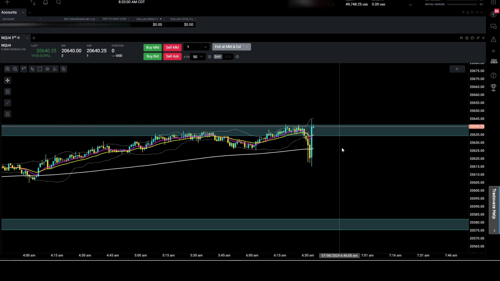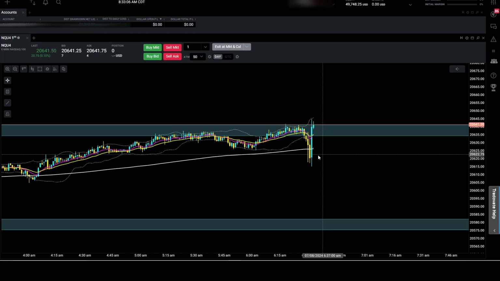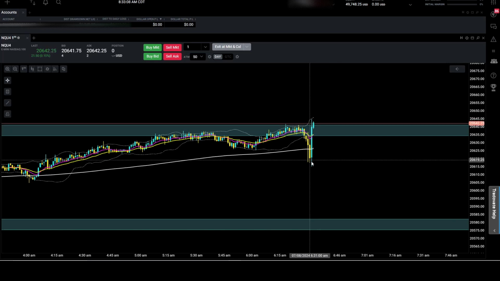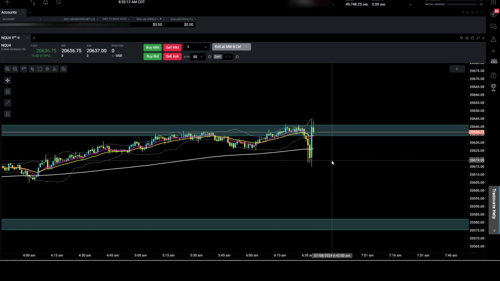That's a $500 move in like 5 seconds. Trapped all these people that tried going short off the open. Might be trapping the longs now.